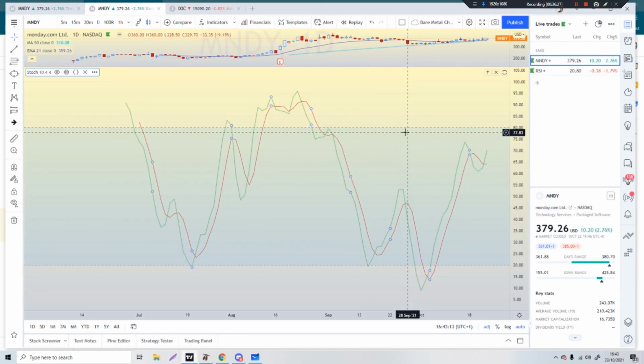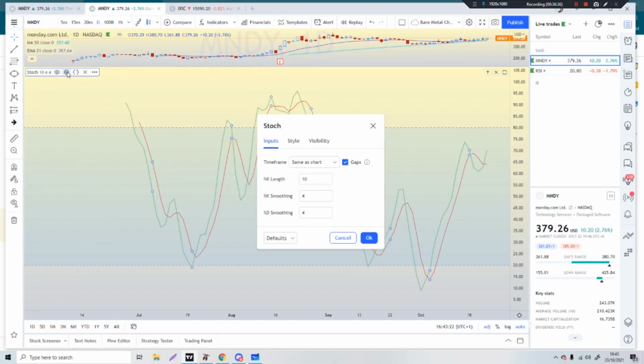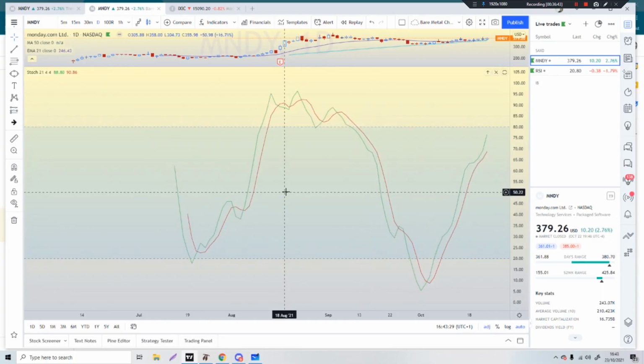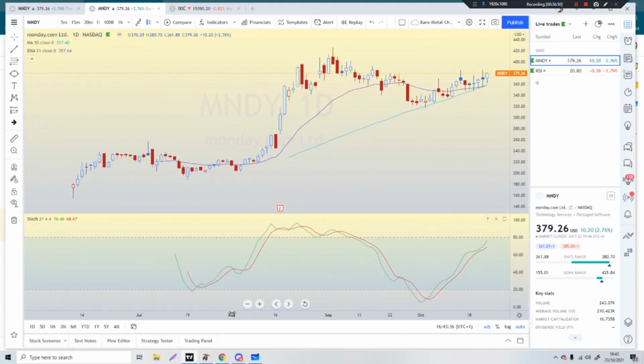If you were looking at a 21 period moving average, would you still use 4 and 4, or would you use something else? I'd just use 4 and 4, but the 21 is quite a swing trade friendly stochastic, because if I pull that down, it pretty much shows you where that trend starts down here and where it ends about here, and then it's down.